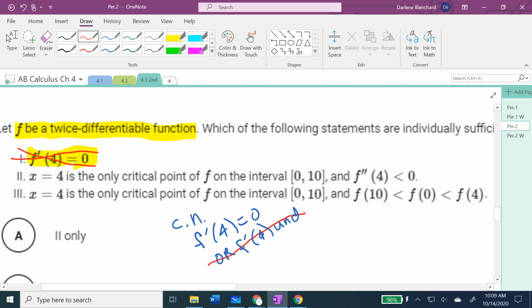So by saying that 4 is a critical number on f, you know that it has 0 for its first derivative. Now, if it's the only critical point on f, that means that nowhere else between 0 and 10 do you have a 0 slope. It's defined everywhere.